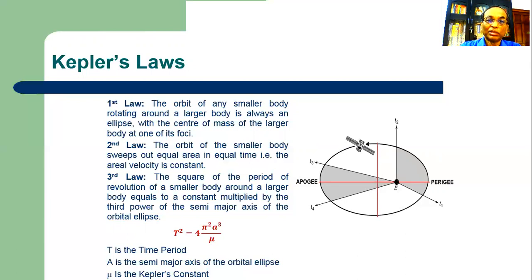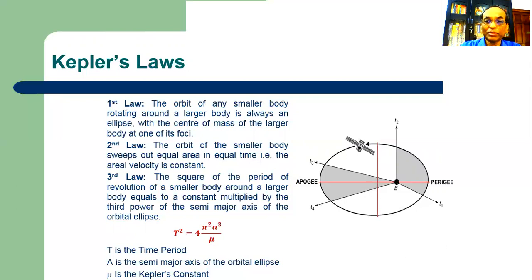Second law: the orbit of the smaller body sweeps out equal area in equal time. That is, the areal velocity is constant.